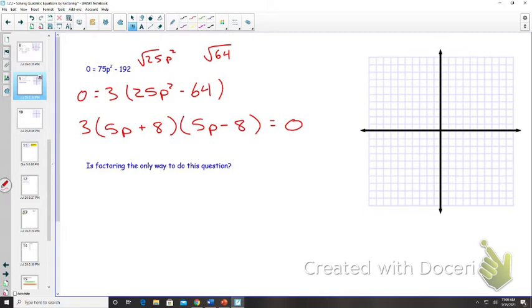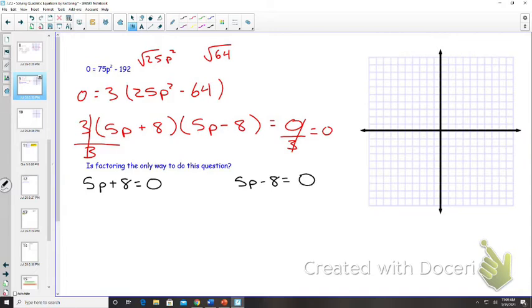What's it doing right now? It's multiplying. Right, and the opposite of that? Divide. 0 divided by 3 equals 0 still. So now we can set those equal to 0, right? 5p plus 8 equals 0, and 5p minus 8 is equal to 0.